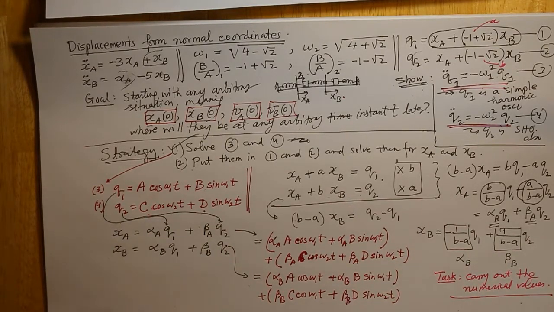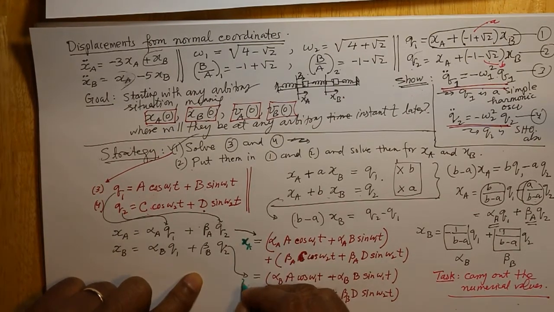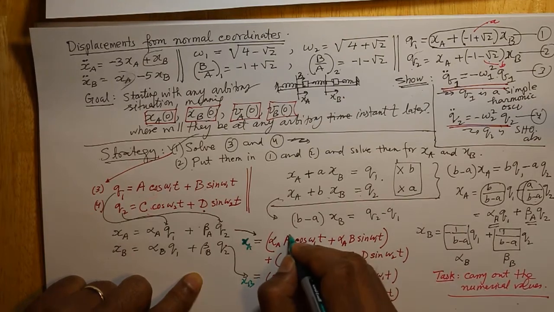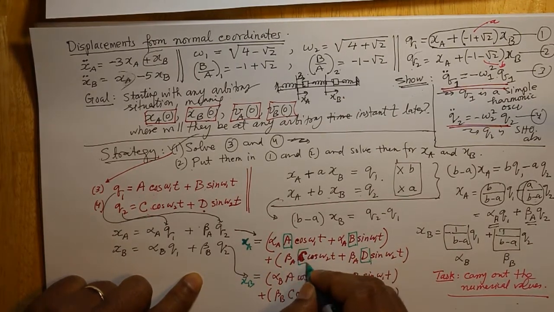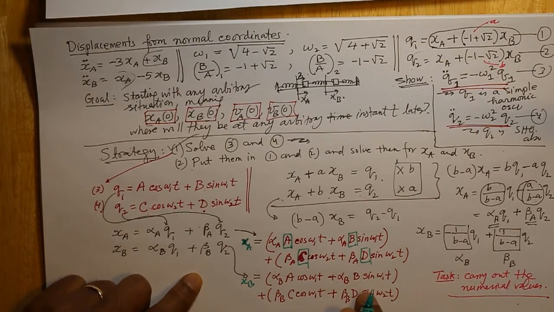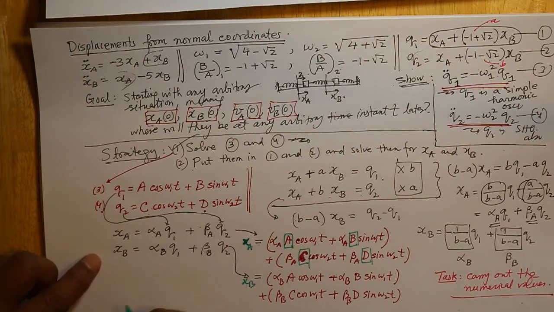Now notice that the only things we don't know in this are these, XA and XB. And they're the same over here also.